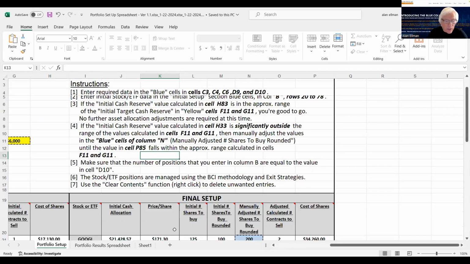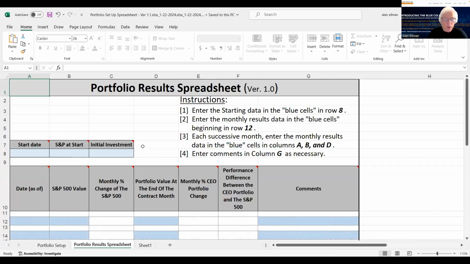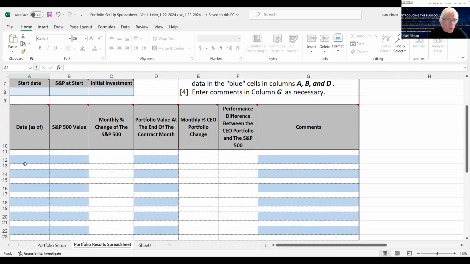So that is the portfolio setup. Now we also have a portfolio results spreadsheet where you can just put down the starting date that you're quantifying, the S&P at that point, so you can compare your portfolios to that of the S&P, and your initial investment. And then you put down the date and the value of the S&P.